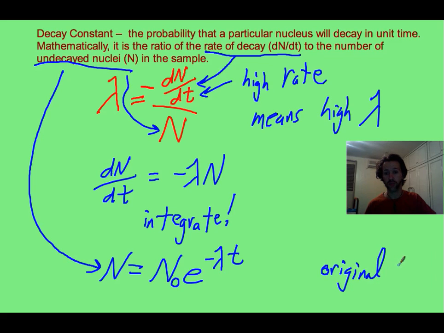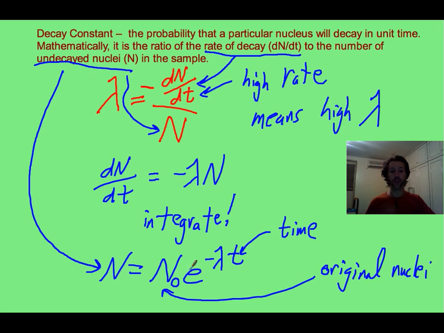This is your original number of undecayed nuclei, N sub 0. You know what the decay constant is. This is your time. And this is how you end up with your exponential function.